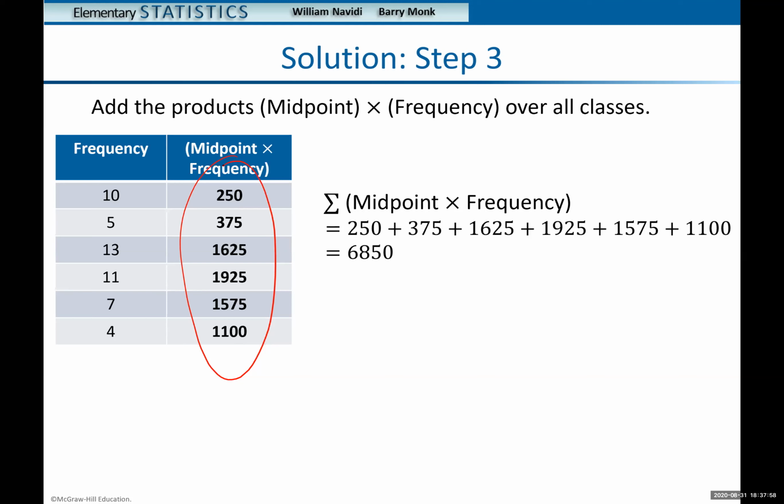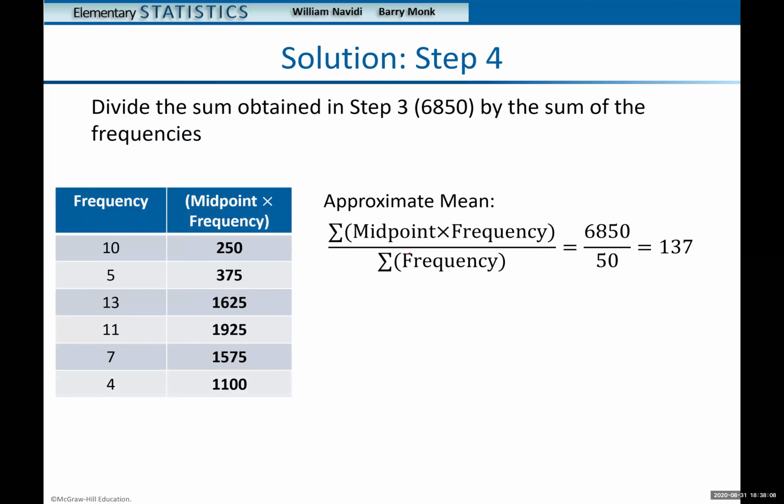So 250 up to 1100, the total is 6850. And now you'll be able to solve for the mean. So the total frequency n is equal to 50 here. So that is summation of fx over n.